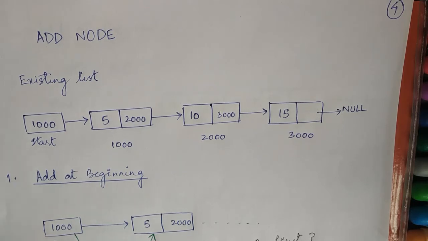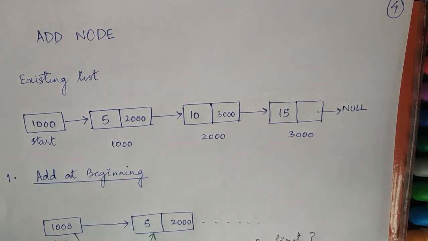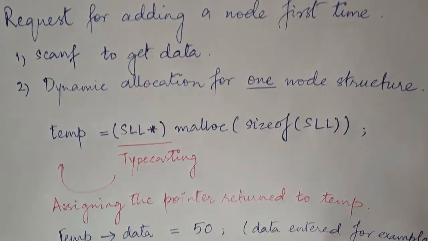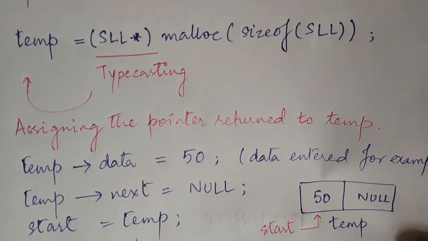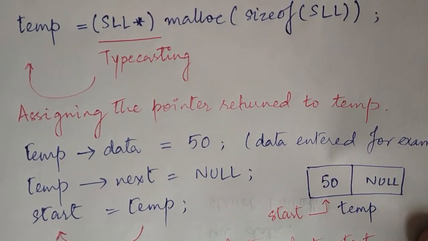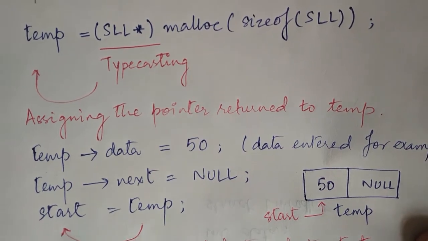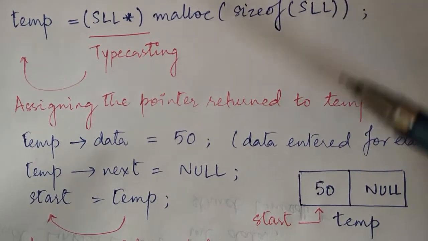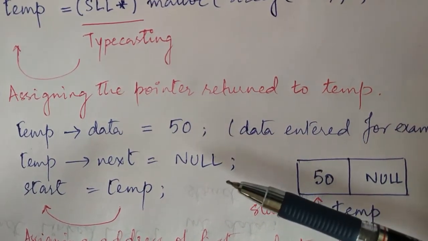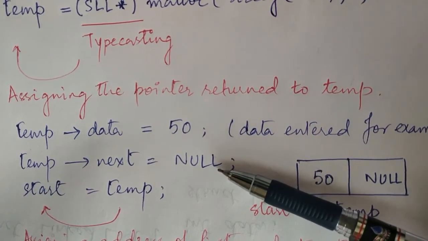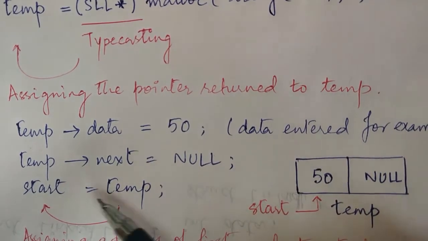Then you add your data in it like we did before. So this is what you have to do before you proceed. After you're done with this, you create temp node, declare memory here, then you put the data in. You can assign the next field to null. So this was our previous case.